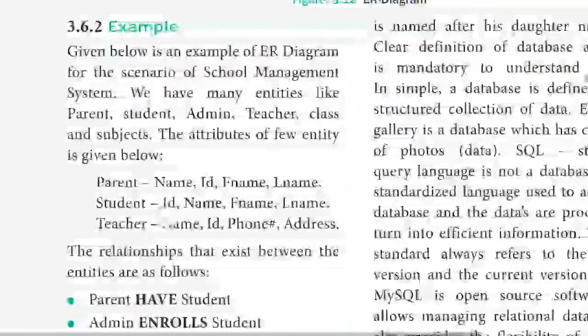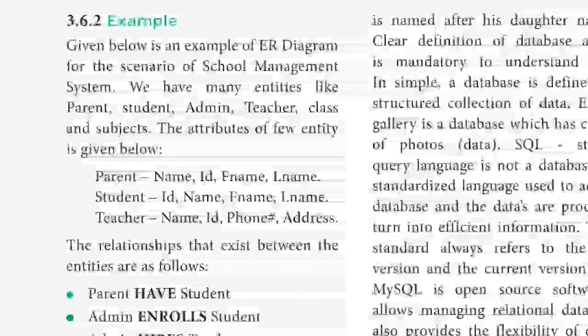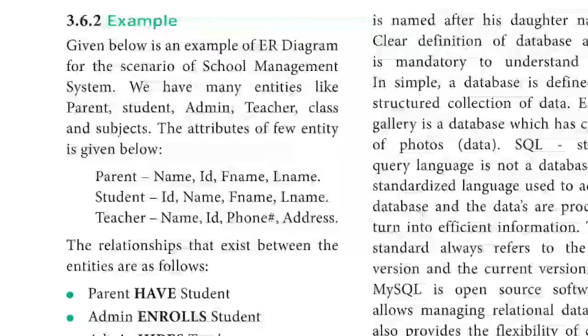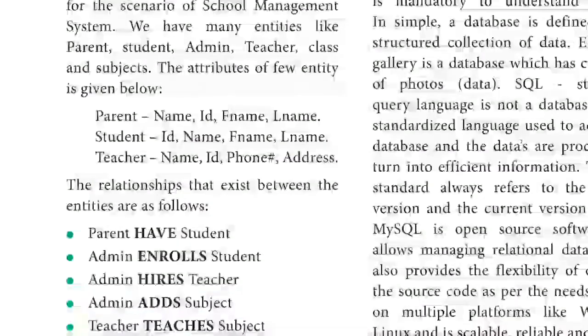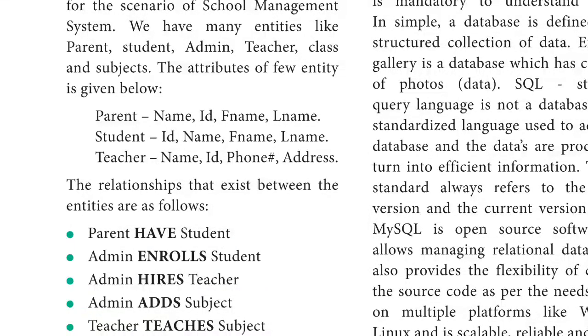The example given below is an ER diagram for the scenario of a school management system. We have many entities: parents, students, admin, teachers, class, and subject. Parents have name, ID, first name, last name. Student has ID, name, first name, last name.